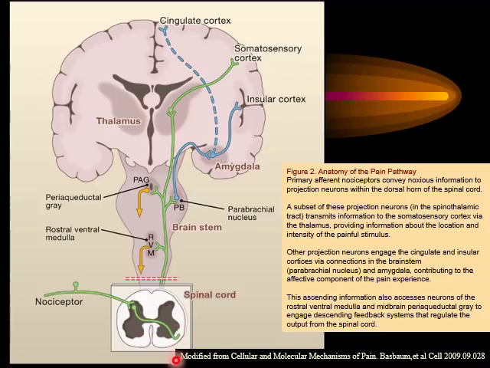Coming off of that main trunk of the spinothalamic tract are branches to the brainstem, both in the medulla and in the midbrain, seen here.